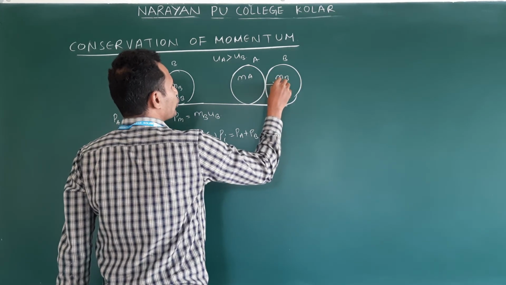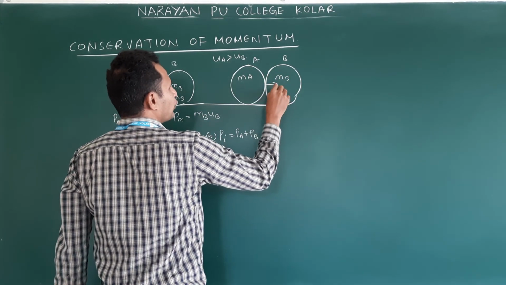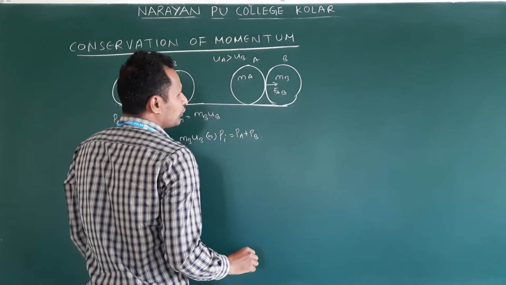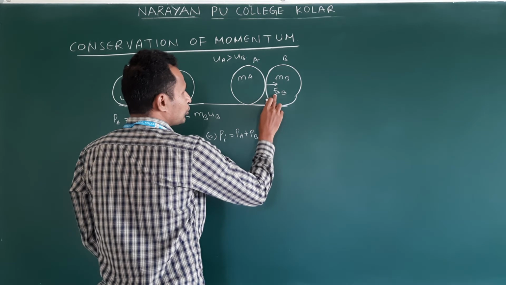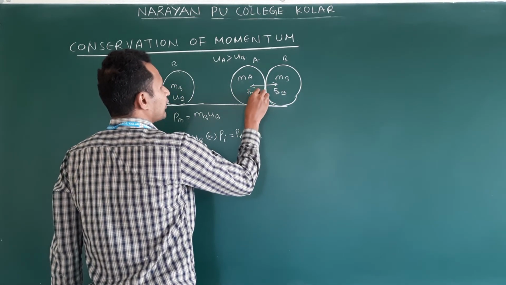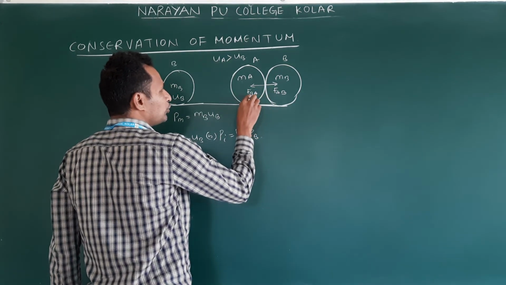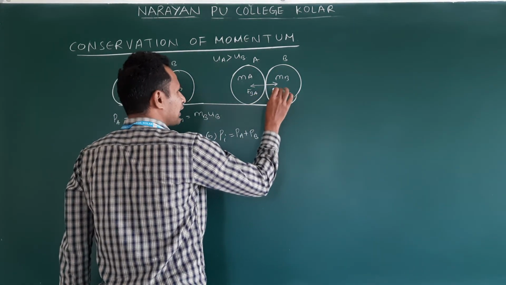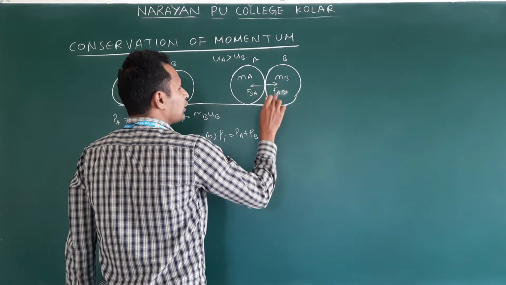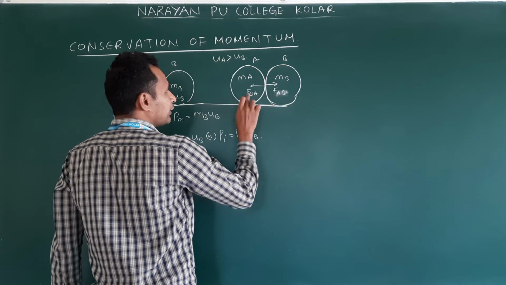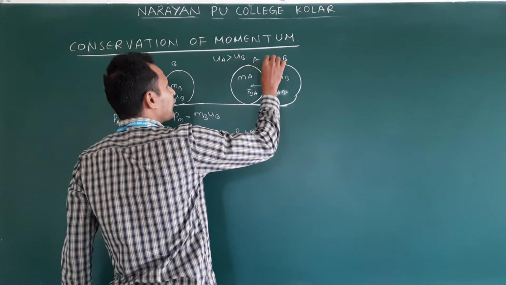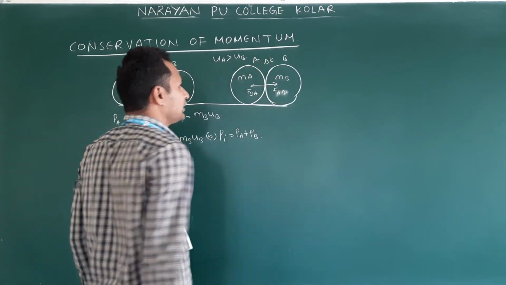The force applied on B is FAB, and this is FBA, force on A due to B. To avoid confusion, FA means force of A on B, FB means force of B on A. This is happening in a short interval of time delta T.